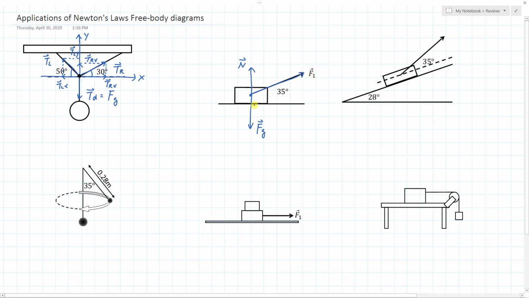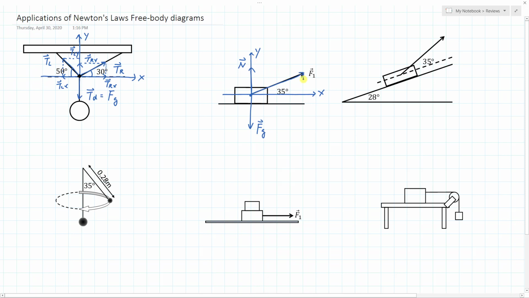Okay, it's F1. So since there's no friction, there's no more force, and I want to complete my diagram, I want an axis. Let me get something to draw with. So this is my x-axis. The y-axis. Okay.